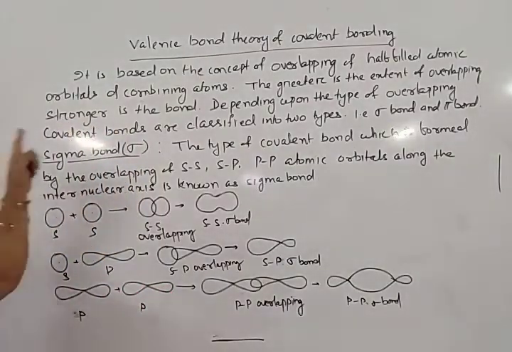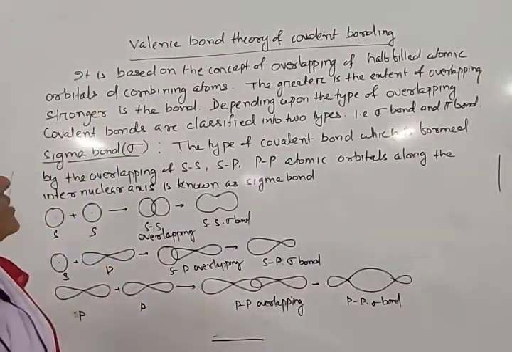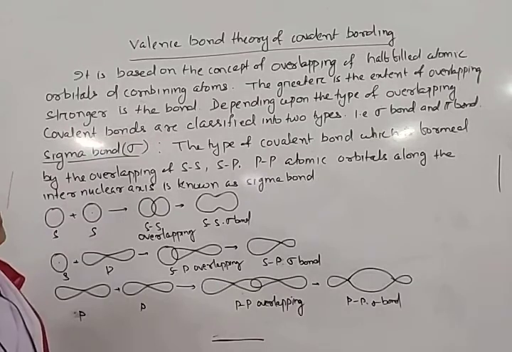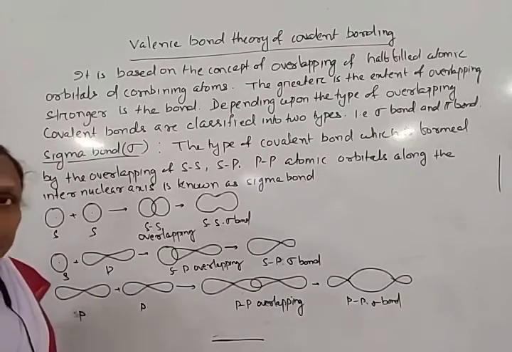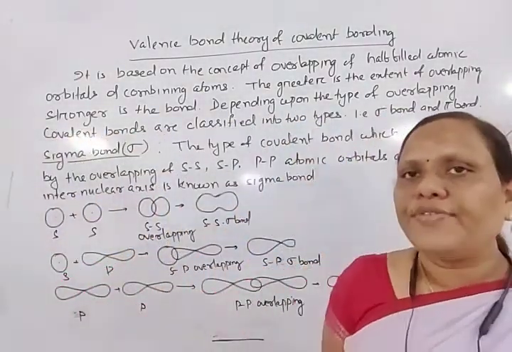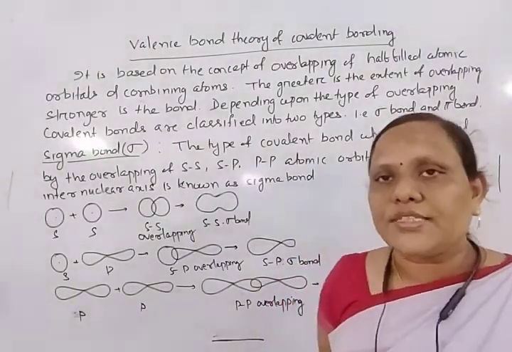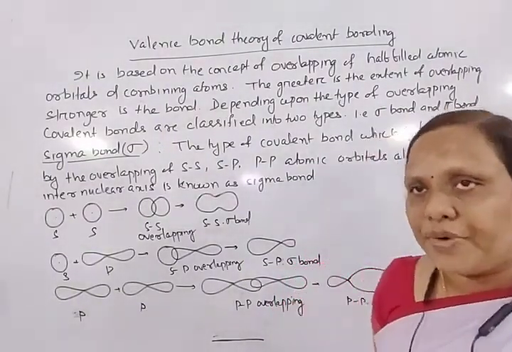It is based on the concept of overlapping of half-filled atomic orbitals of combining atoms. Actually, a covalent bond is formed by the overlapping of atomic orbitals. That is known as the valence bond theory of covalent bonding.